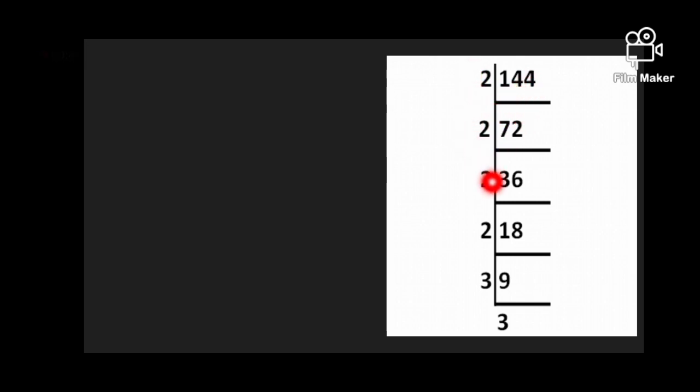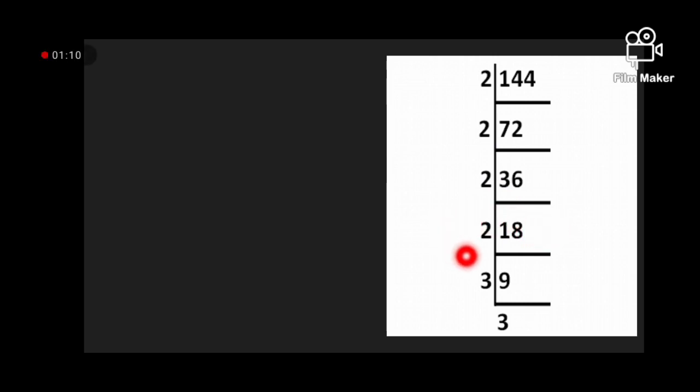Then 2 36s are 72. Then 2 18s are 36. Then 2 9s are 18. We will divide the number continuously by 2 because we are getting even numbers in all these steps.